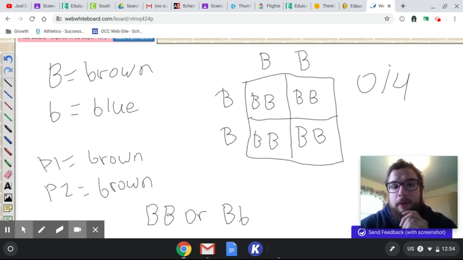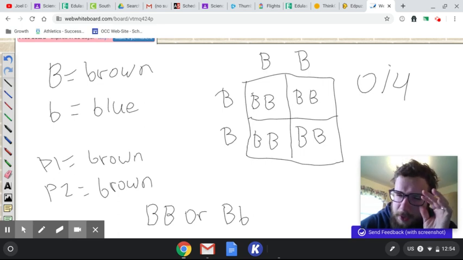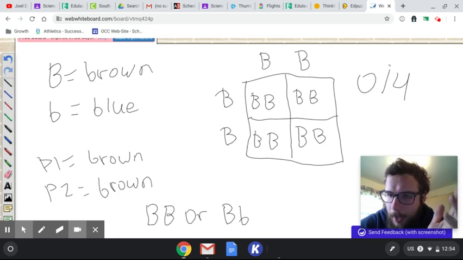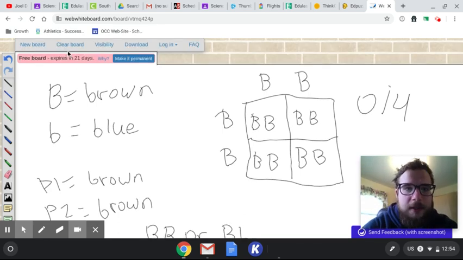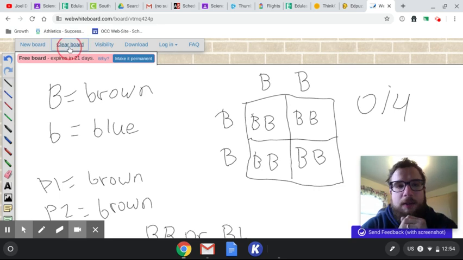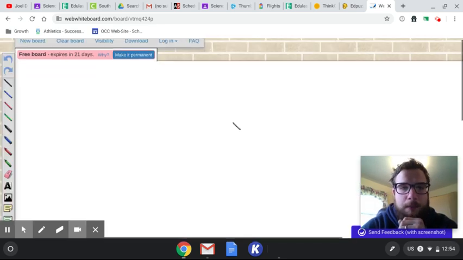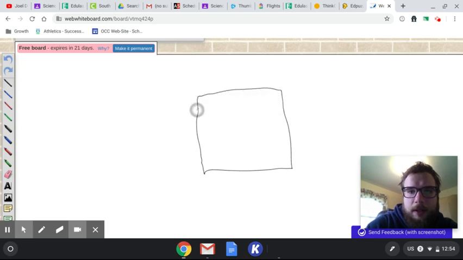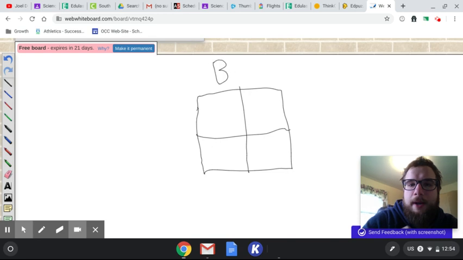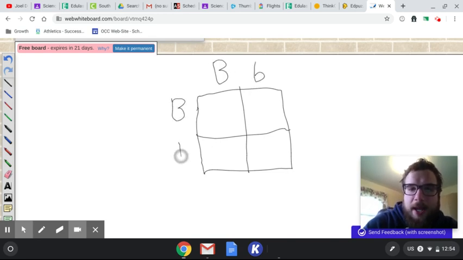Okay. Now, this is where some people get confused and they say, well, wait a second, both of my parents have brown eyes, but I have blue eyes. So am I adopted? Well, great question. I can't answer that 100%, but I can give you this to kind of help you. Same situation, Punnett square. If I have two brown-eyed parents that are not big B, big B, but instead big B, little b, watch what happens.